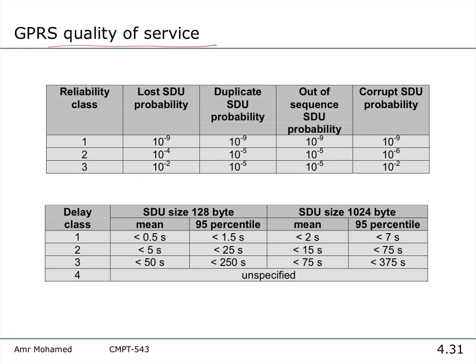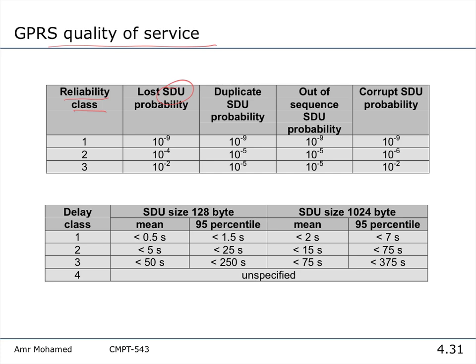These quality of service classes are defined based on certain metrics. One of them is based on reliability. By reliability here, we mean that we care about the dropping probability of service data units or packets. So for packets, we need to have assurance for the dropping probability.